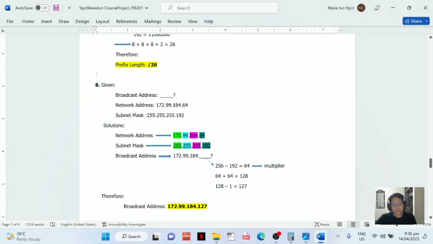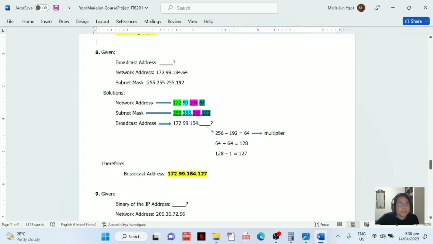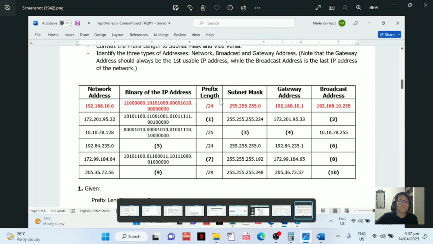Okay, let's move to our 8th problem. So problem number 8, we're going to find the broadcast address. Again, in order to find the broadcast address, we have to know the network address and the subnet mask.